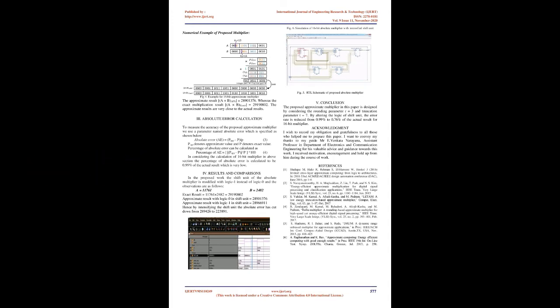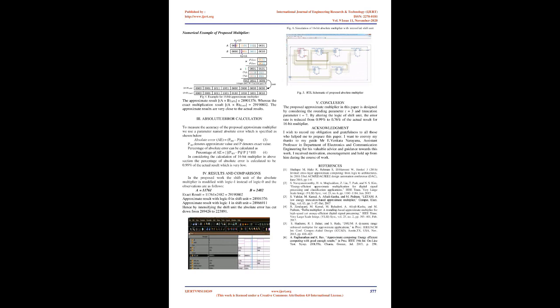Whereas the exact multiplication result, A times B exact, equals 291900802. The approximate results are very close to the actual results. 3. Absolute error calculation. To measure the accuracy of the proposed approximate multiplier, we use a parameter named absolute error, which is specified as shown below.